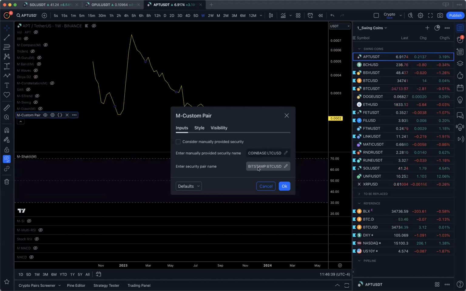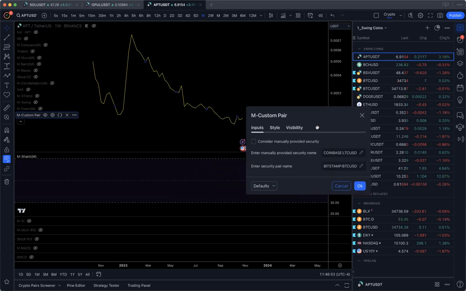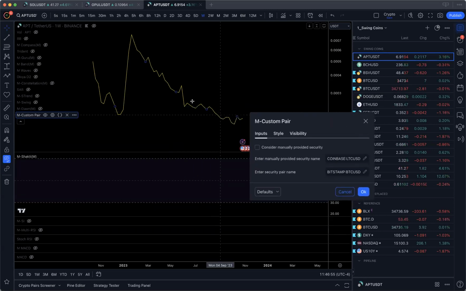The beauty of this indicator is that it's very simple. I mean, it's cool actually. I select APT from the list here, and then I select BTC. Then I get a chart for the APT BTC pair.